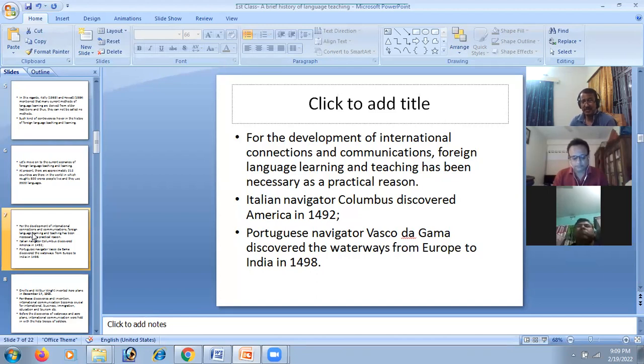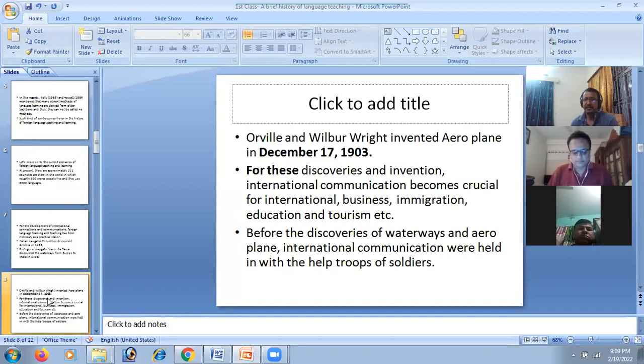Columbus discovered America in 1492. And 8 years later, another navigator, the Portuguese Vasco da Gama, discovered the waterway from Europe to India. We know the history. And 5 years later, we see the Wright brothers, Wilbur Wright and Orville Wright.